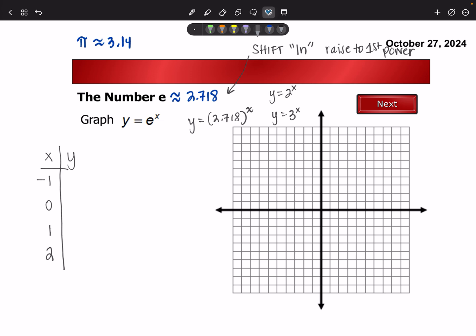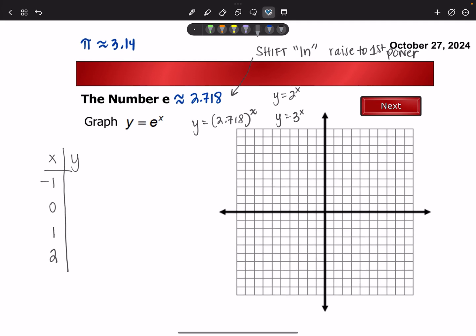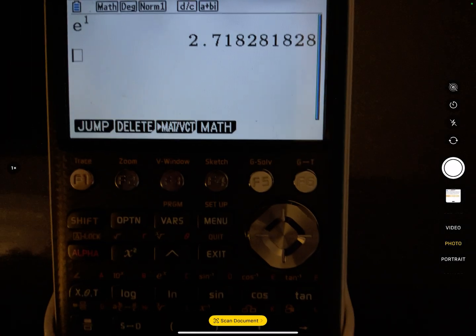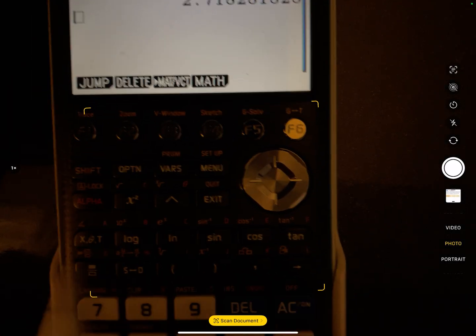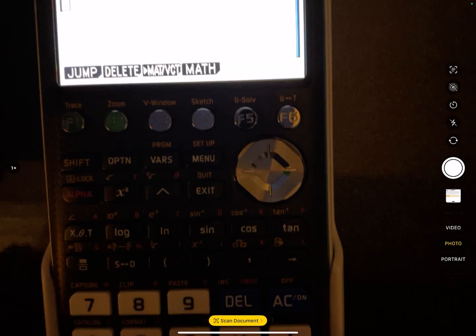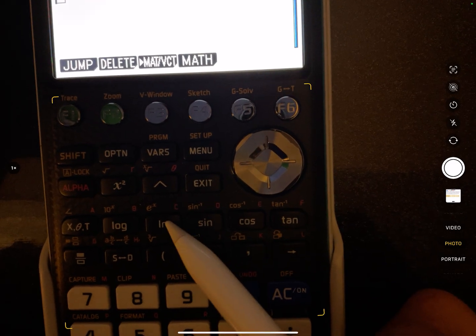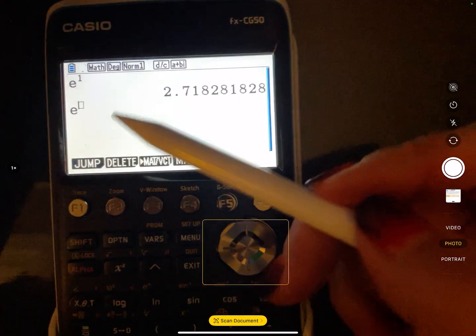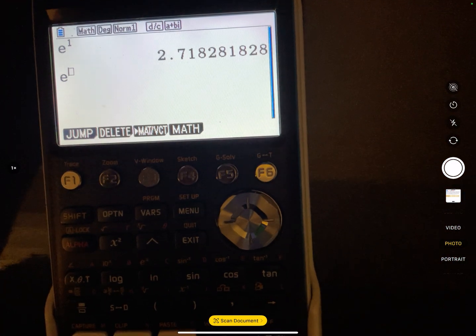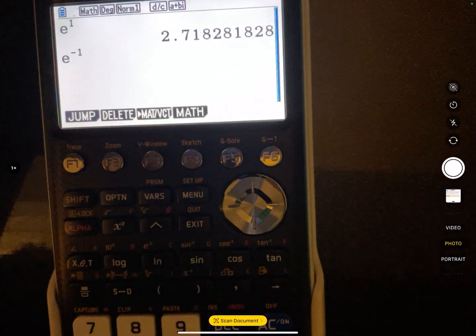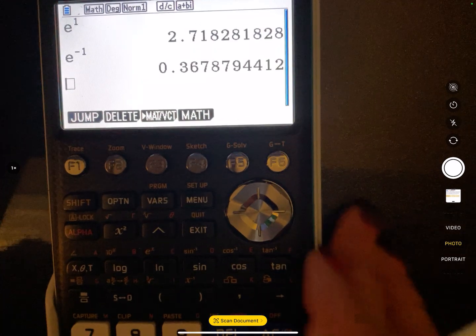Now when I put a -1 in, I'll go back to my calculator. Again I have the Shift button, and then natural log, which is LN. It brings up an e to a power, and I want the -1 power. That's 0.